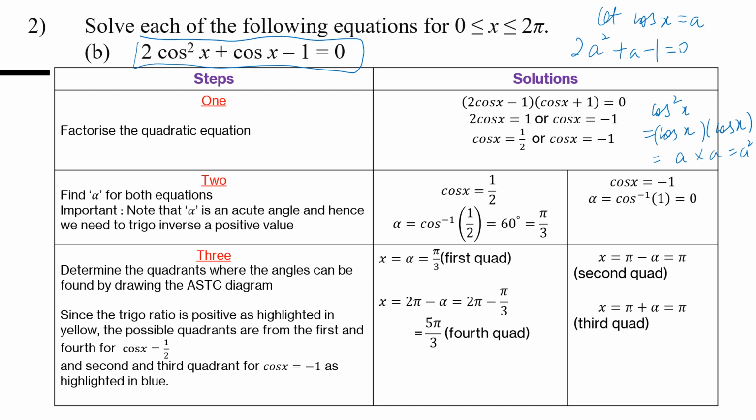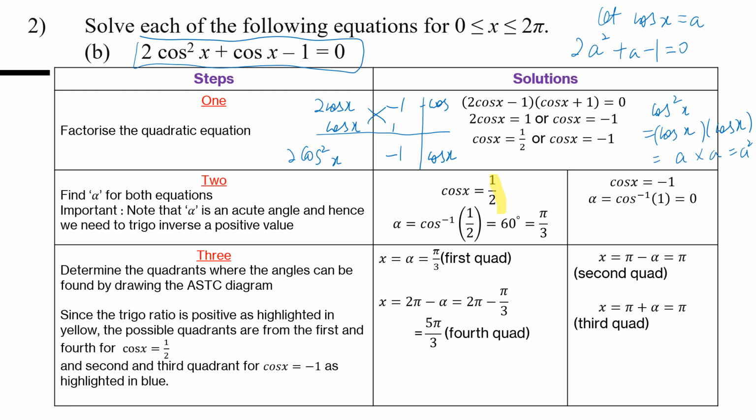You can factorize it using the cross method. So here I would have 2 cosine x multiplied by cosine x, and then negative 1 and 1, crossing across.